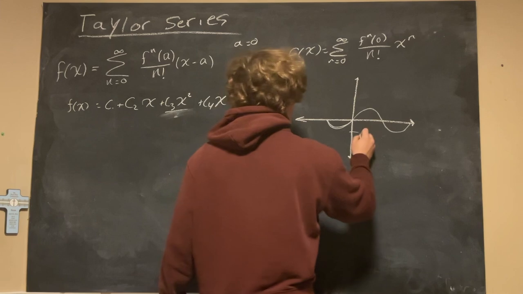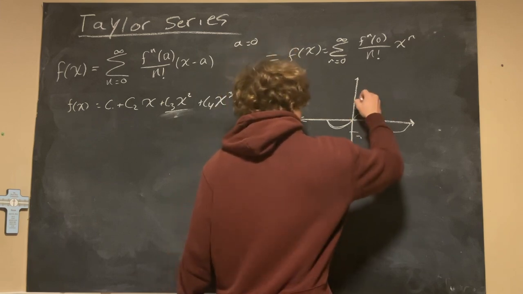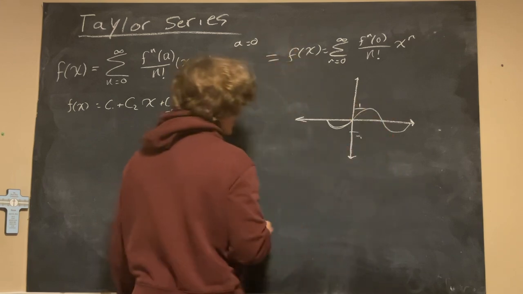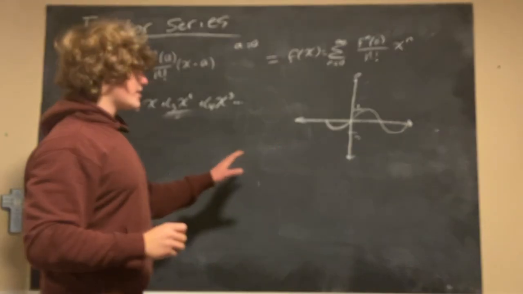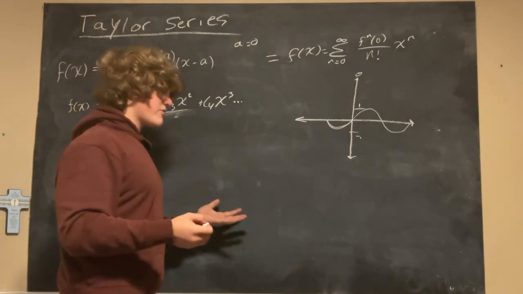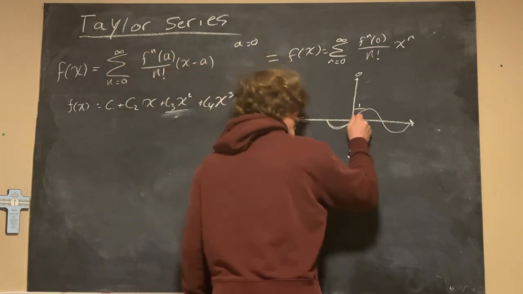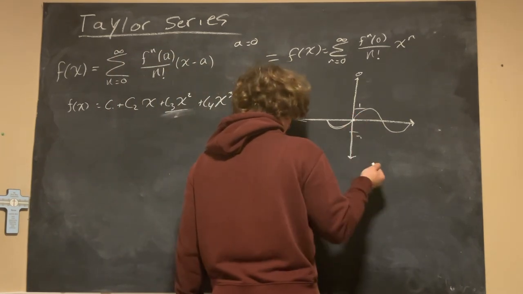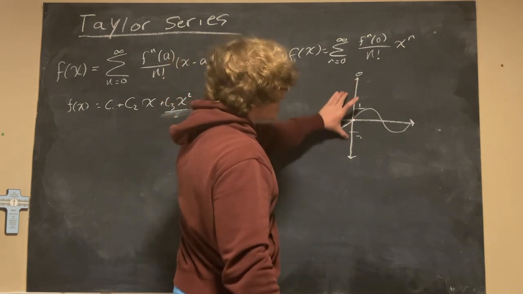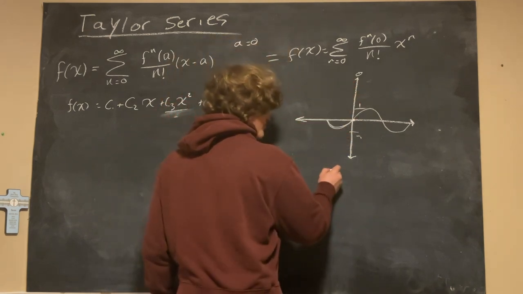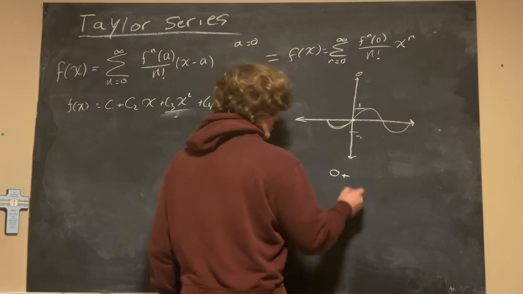So this is -1, this is 1, and this right here is 0. To begin, let's just see what our function is equal to at point 0. At 0, our function is 0. So in order to have our function at the right location, we are just going to start off by having 0 as our first term.